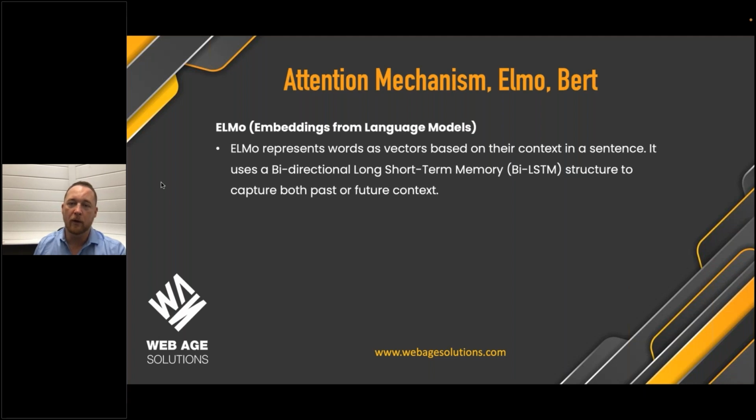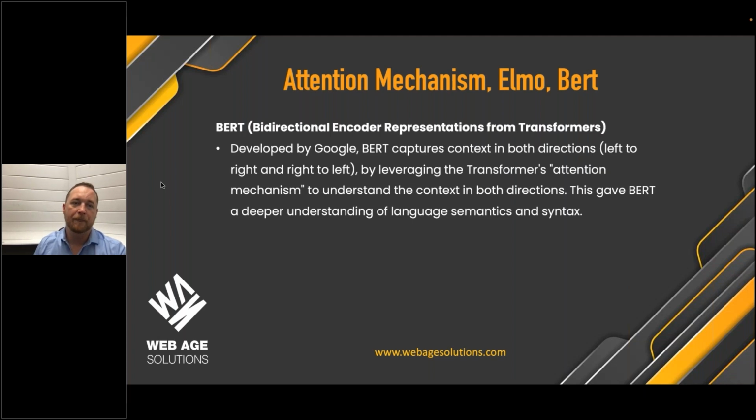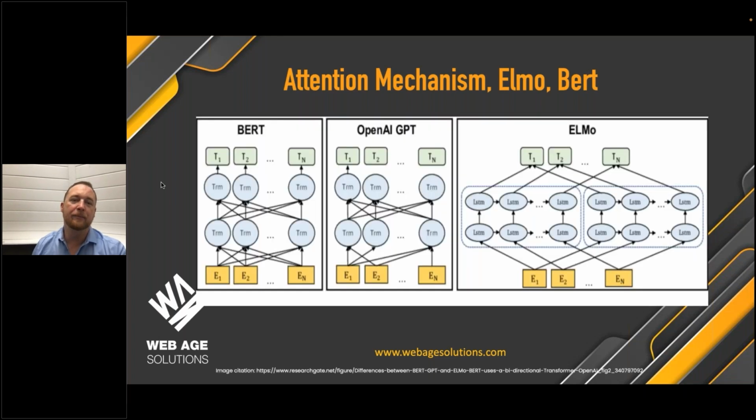They're a neural network architecture. So it used bidirectional LSTMs to be able to capture the pre or post text as context. BERT advanced this and enabled bidirectional context so that it could take into account the context both before and after.